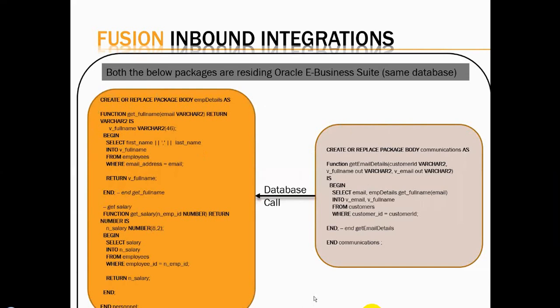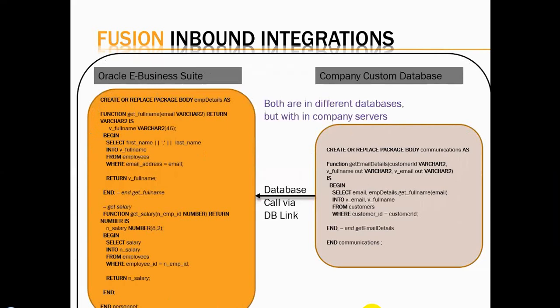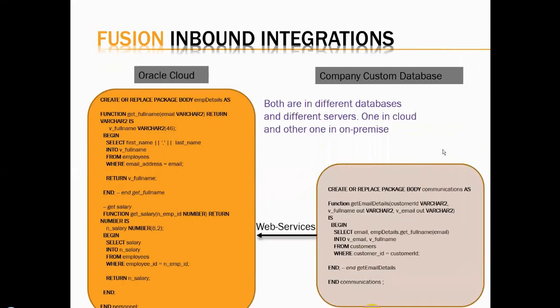That is good. If these two are in different databases, we can still use DB links, or some DBA functionality, to call the function residing in the package from another database. What if they're residing in the cloud? The package we want to consume resides in the cloud, and the package where we want to refer to it resides in our local system or custom application.